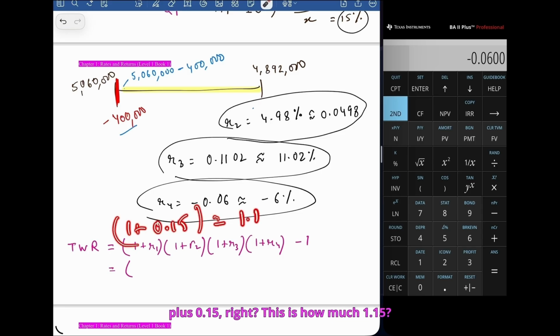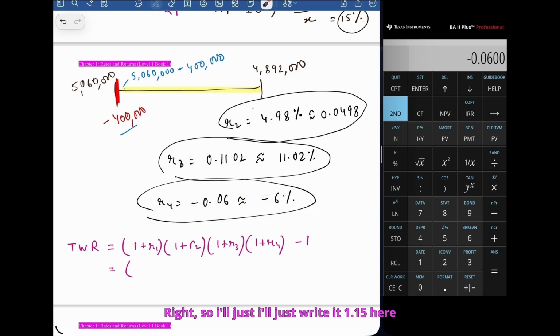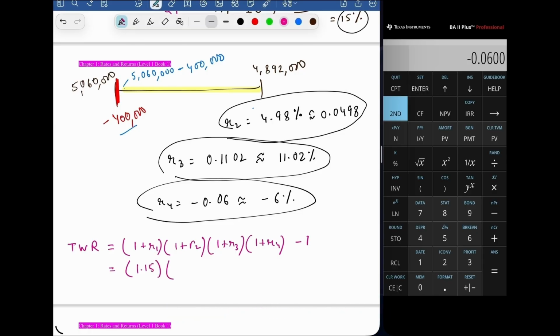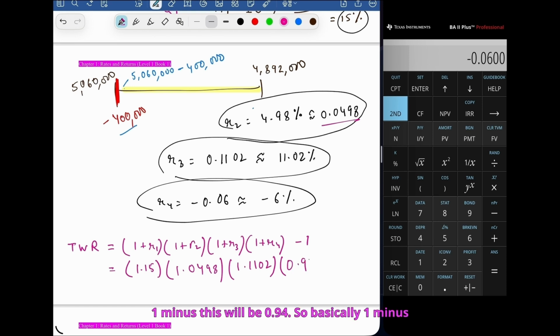This is 1.15. Similarly, this will be 1.0498, this one will be 1.1102, and this one will be 1 minus 0.06, which is 0.94, right? Minus 1.